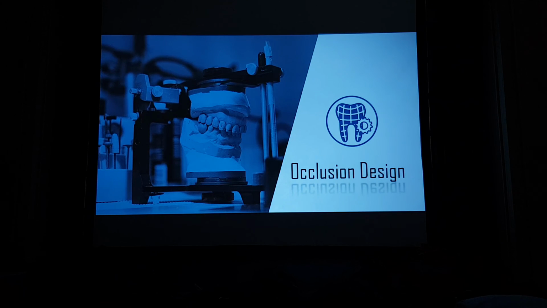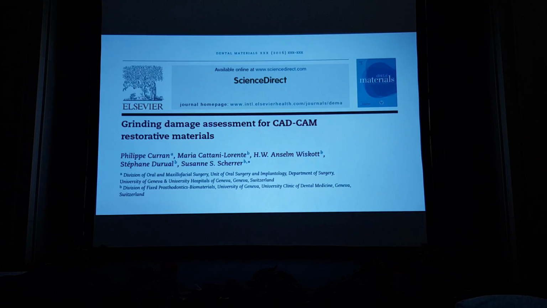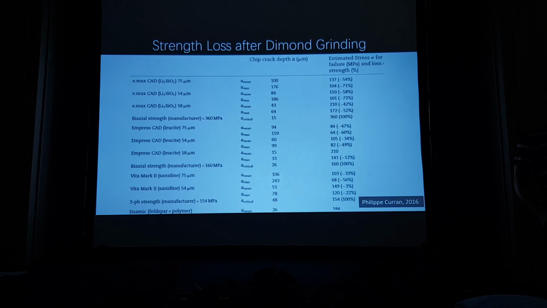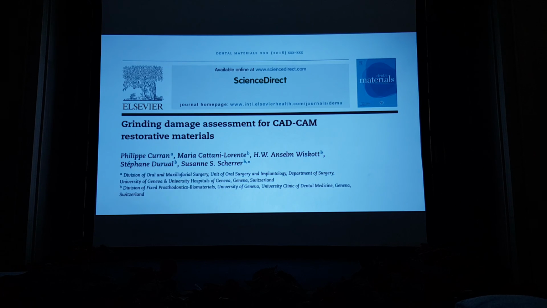The last part is occlusal design. You still remember this too? So what am I going to do with this? I'm going to grind the surface. So this study is going to show us how much damage we are doing to the ceramic when we grind the surface.